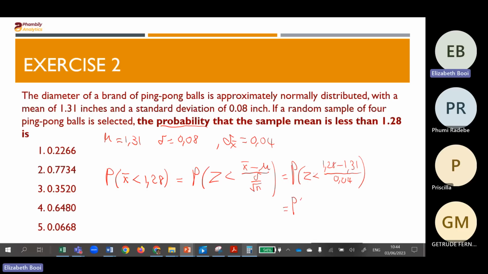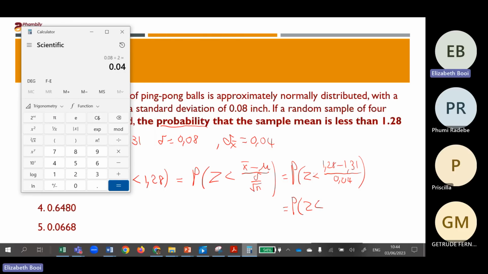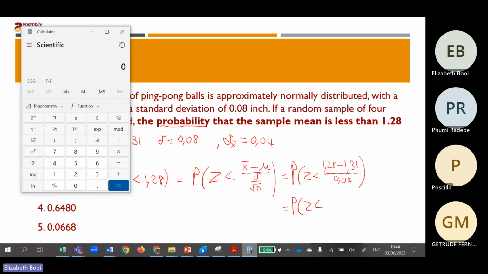And therefore, our probability that Z is less than, in my calculator and calculate. As you can see, I'm using a very old calculator. Let's go to the scientific. This one, scientific. Okay.